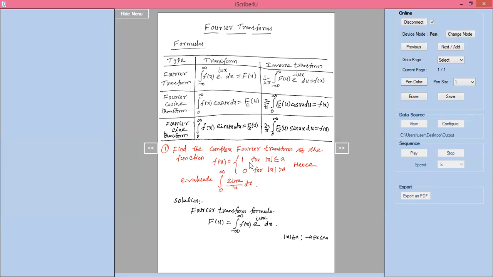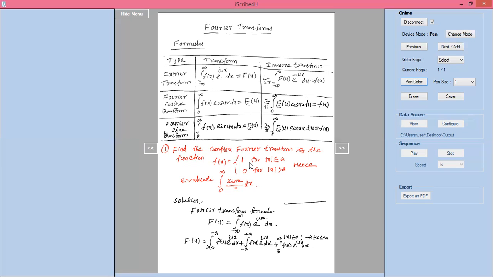Now this F(u) I'll write like this: the integration from minus infinity to minus a of f(x) e^(iux) dx, plus the integration from minus a to plus a of f(x) e^(iux) dx, plus the integration from plus a to infinity of f(x) e^(iux) dx.